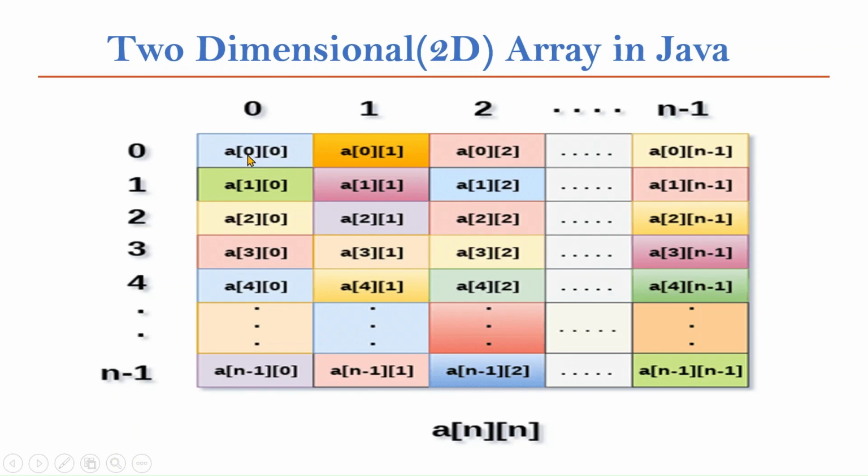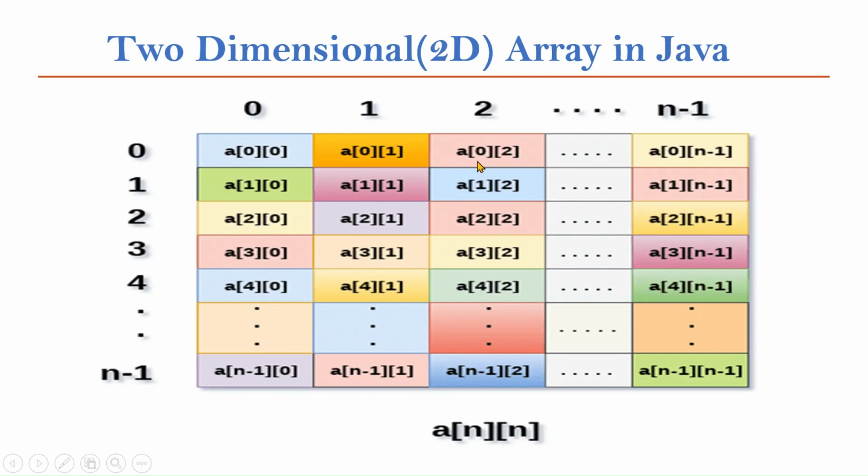The first subscript represents the rows, and the second subscript is for the columns. So here, first row, first column. Here, first row, second column. So 1 implies the second column because the index starts from 0.